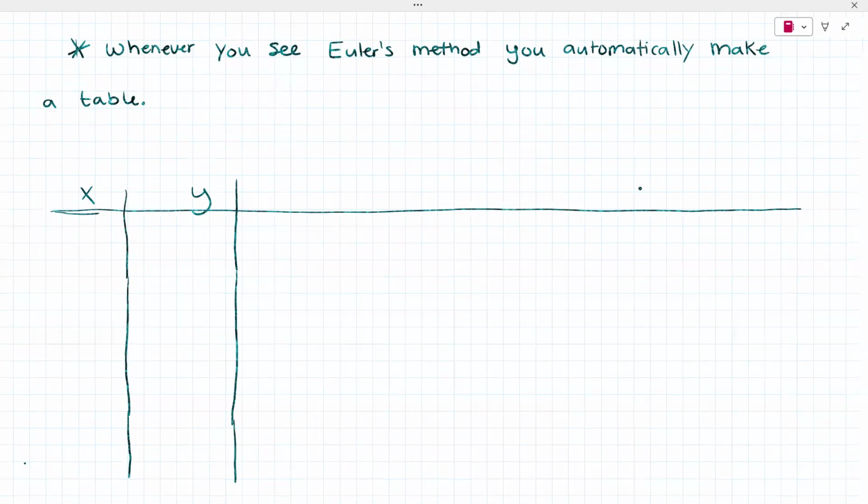And then this column would be our dy/dx times delta x plus y.